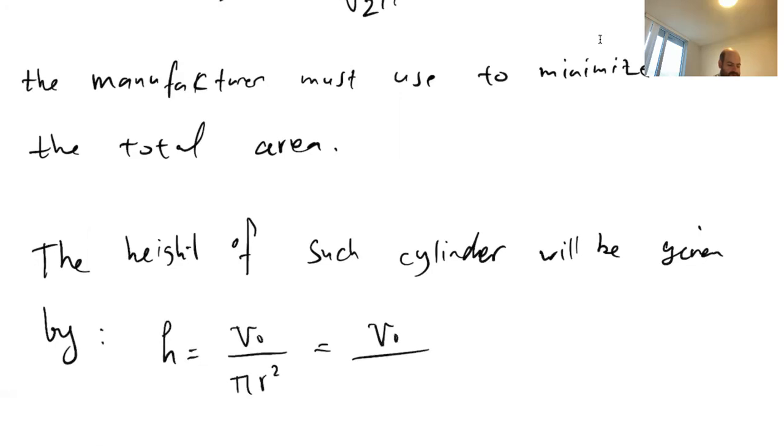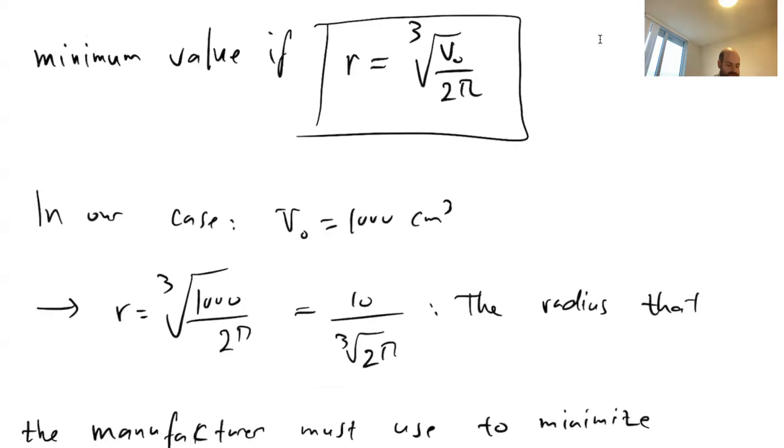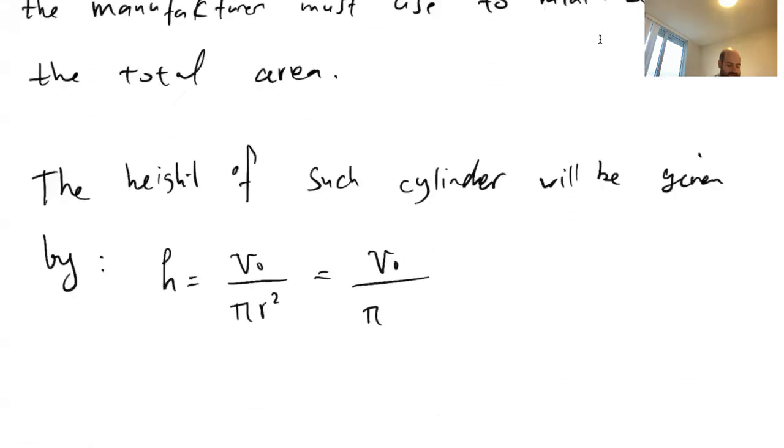So V0 over pi, R was cube root V0 over 2 pi.